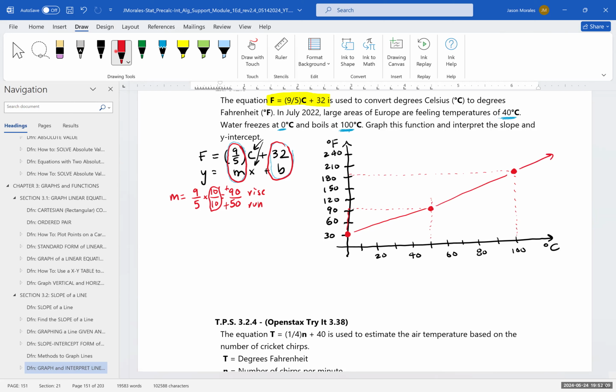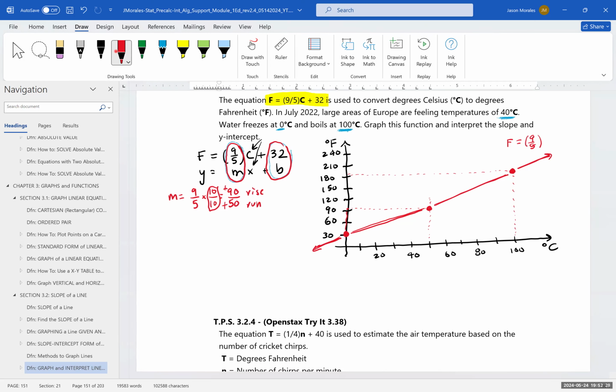Not too bad. A little wonky, but all right. So this is the line. This is the graph for F degrees Fahrenheit is equal to 9/5 times degrees centigrade plus 32.